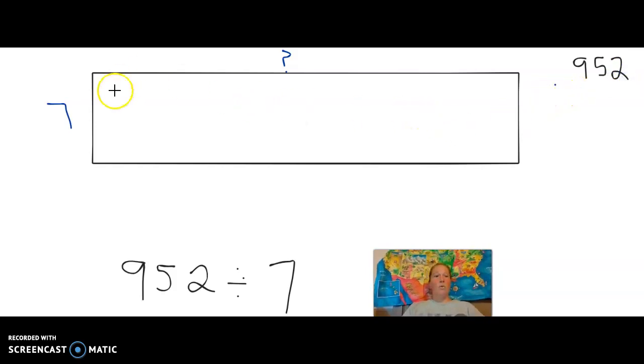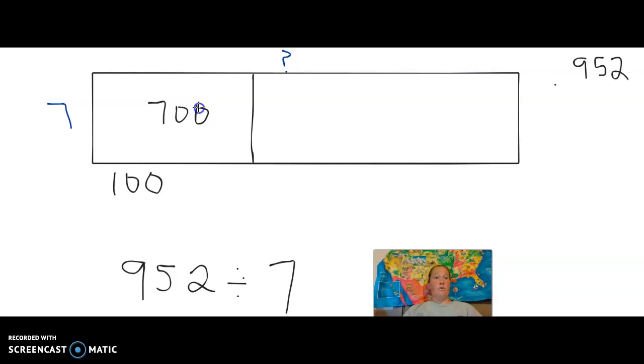Okay, so what do I know about how many times 7 can go into 952? Well, let's start with something easy. I know if we're in the hundreds place, let's just multiply by 100. So 7 times 100, remember that bigger number goes in, is 700.